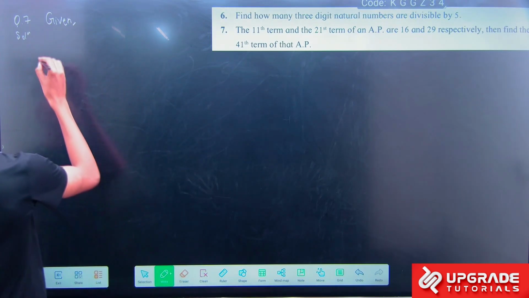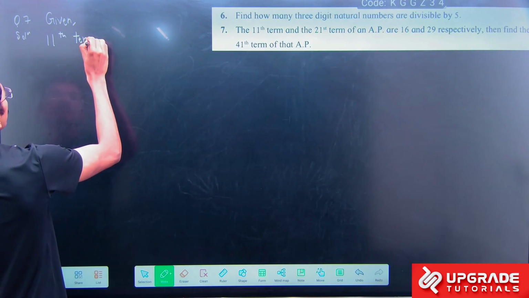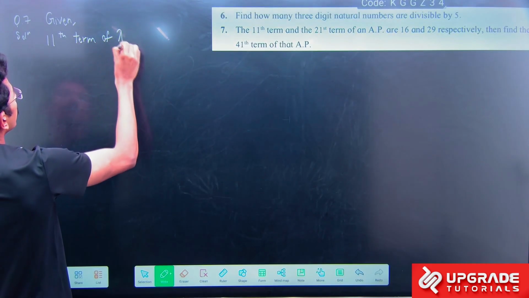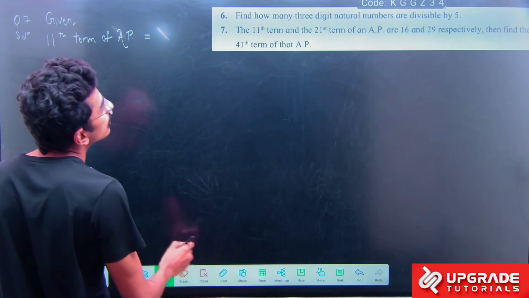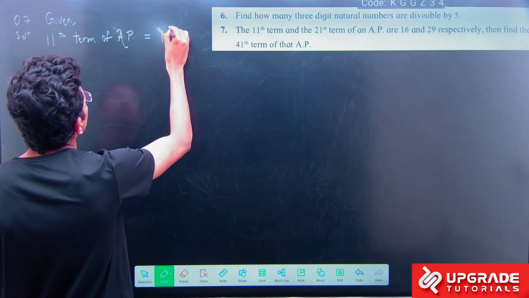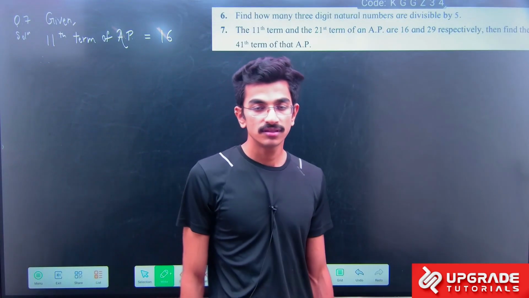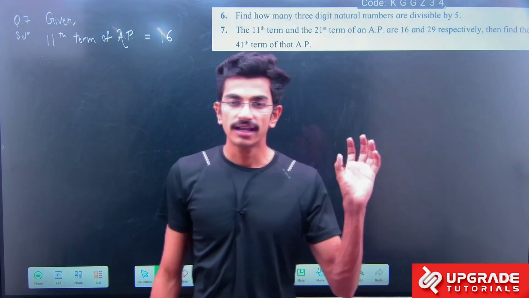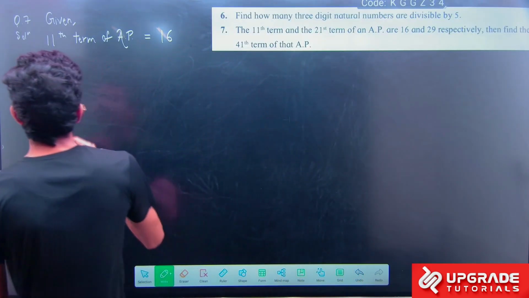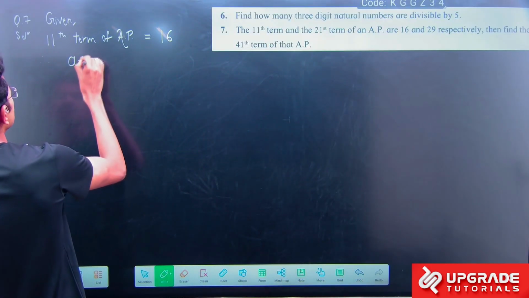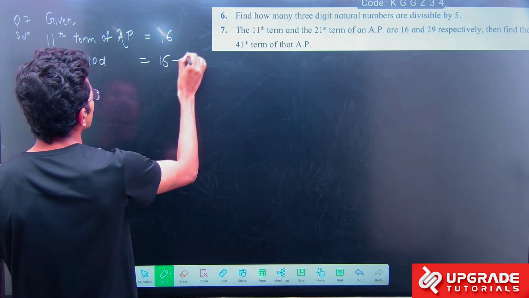The 11th term of an AP is 16. We know that. How to write the 11th term? Just write a plus the number preceding, 10d. Okay. A plus 10d is equal to 16. Give it equation number 1.